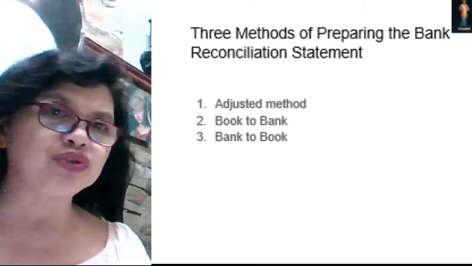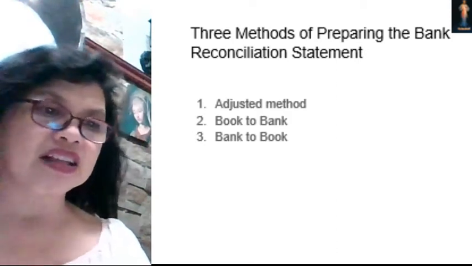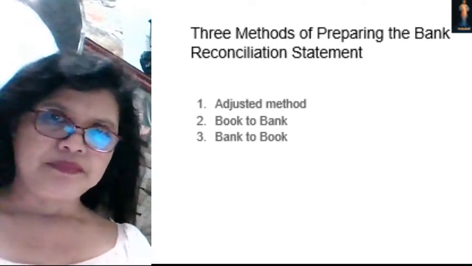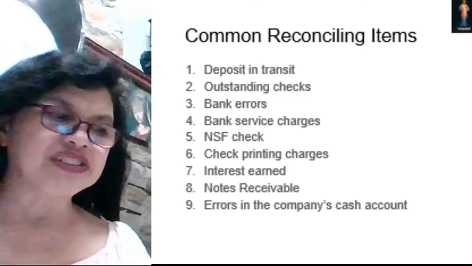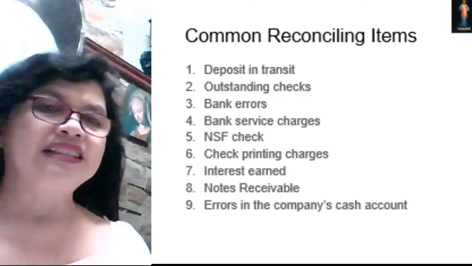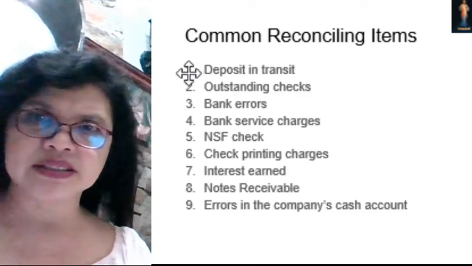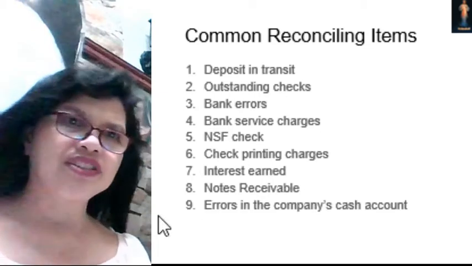When we say bank to book, the bank balance is adjusted to agree with the book. Okay? So that's it. Now we also have the common reconciling items. We will be meeting these terms when you do your bank reconciliation statement.